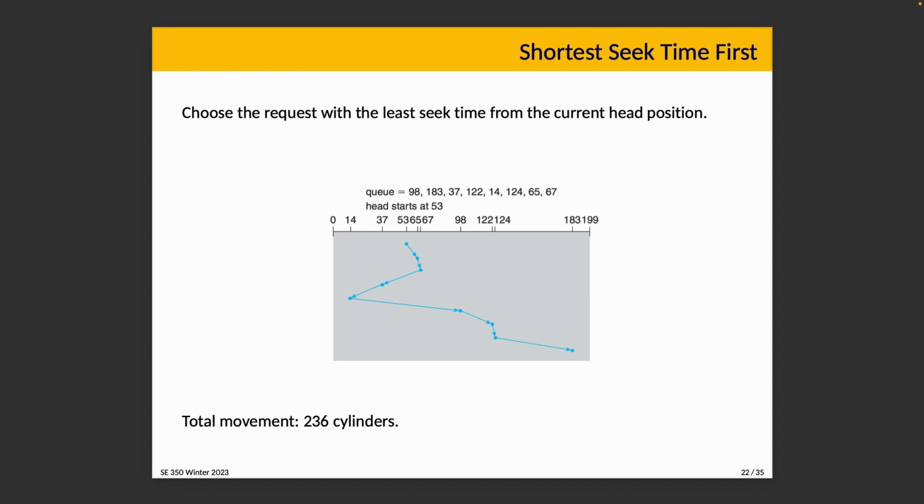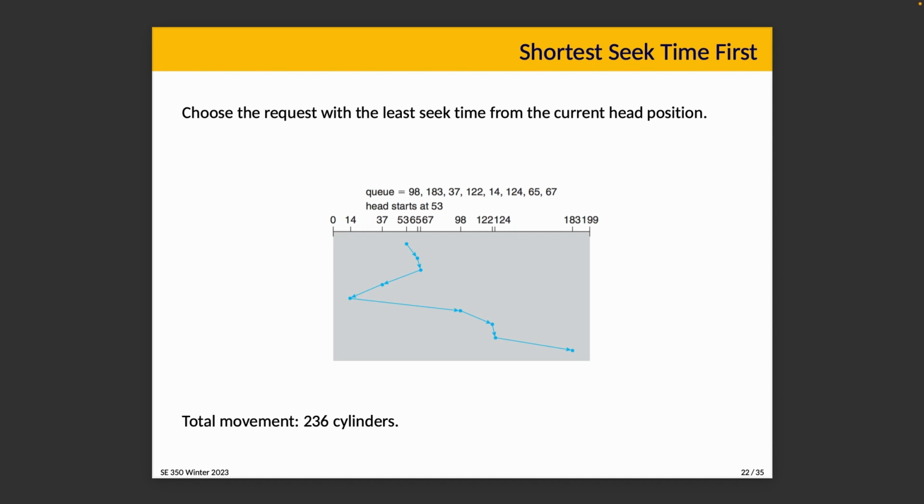That's quite a dramatic difference from the previous 640, and it's not surprising because we don't have a huge amount of backtracking, right? We just go to whichever one is closest. There is some backtracking. We go from 67 to 37 to 14 and then up to 98, but the total amount of backtracking is fairly limited. So this seems like it is an improvement.